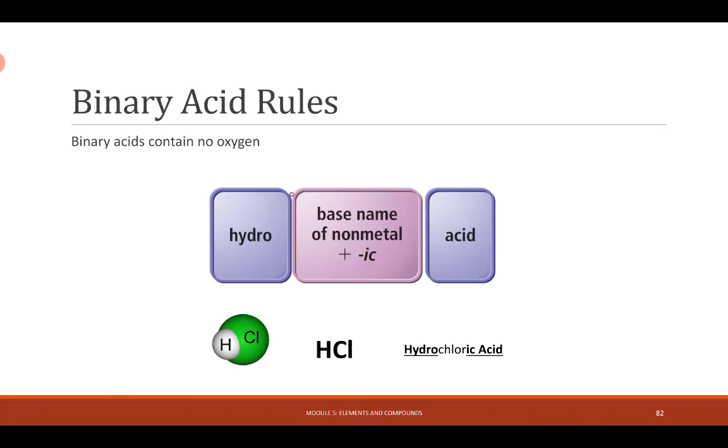So to start off with, let's name our binary acids. Binary acids all have a hydro prefix. So if you ever see an acid name that has a hydro prefix, that tells you that it's a binary acid.